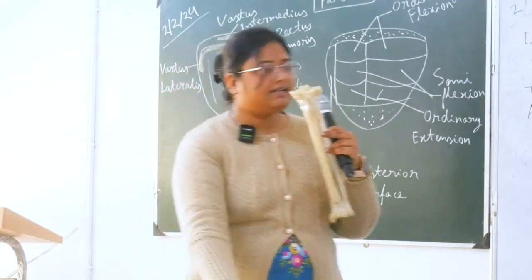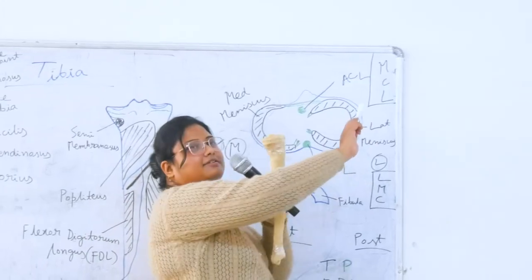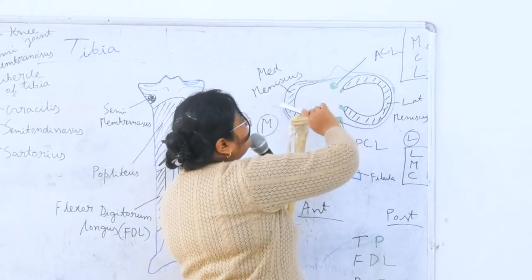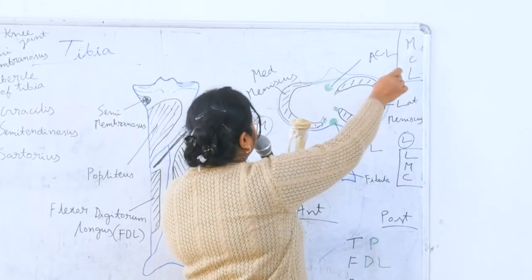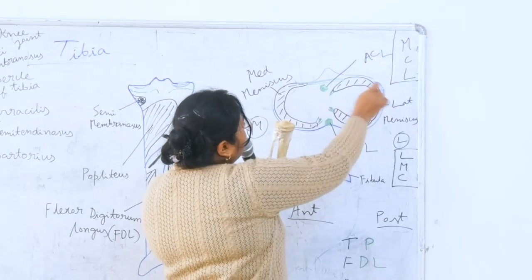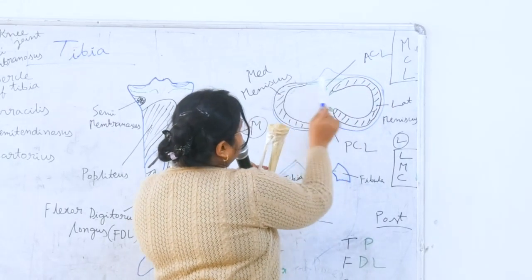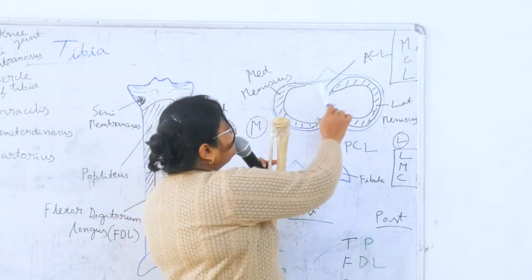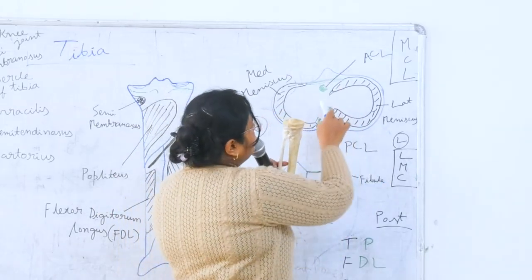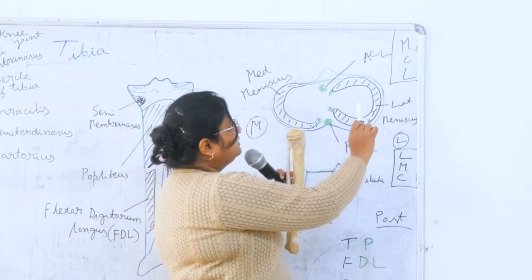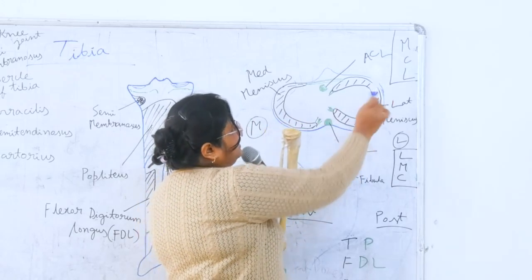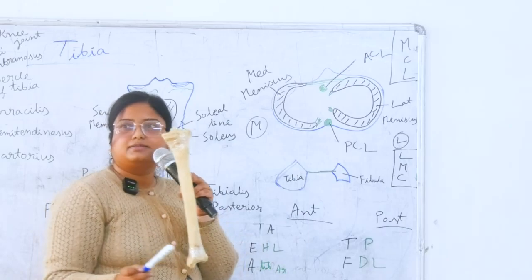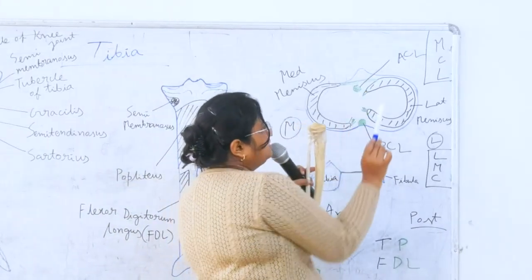You can remember like this: M-C-L. Anterior horn of the medial meniscus, then C means cruciate ligament, the anterior cruciate ligament. Then posterior to it will be the anterior end of the lateral meniscus. So this attachment is important.